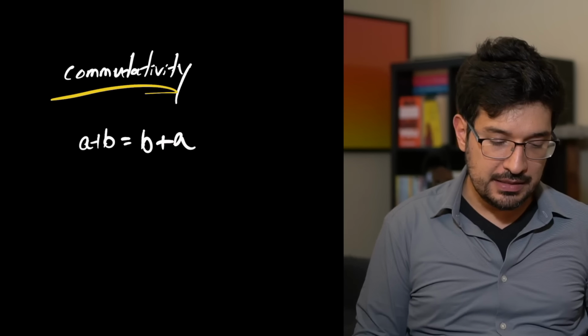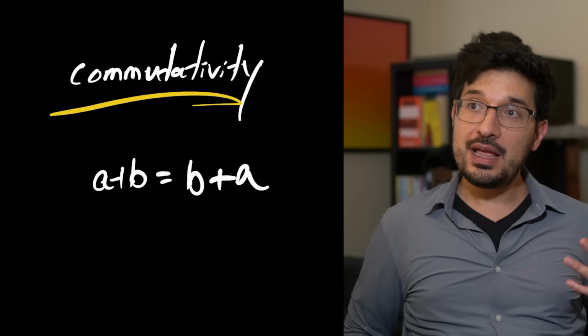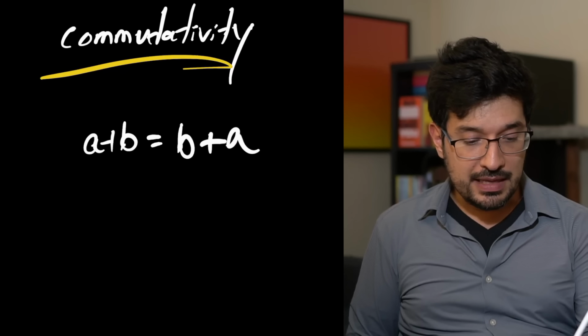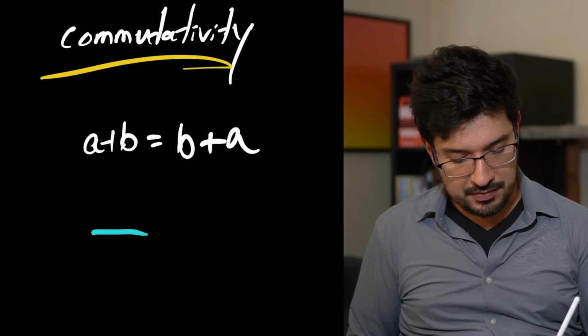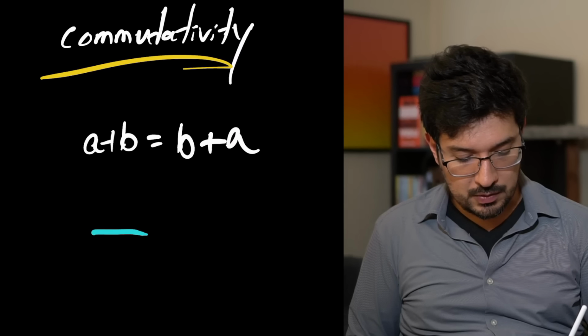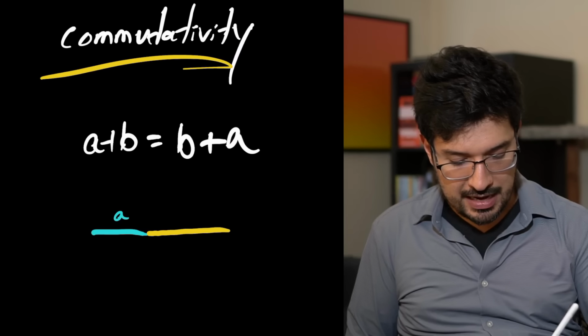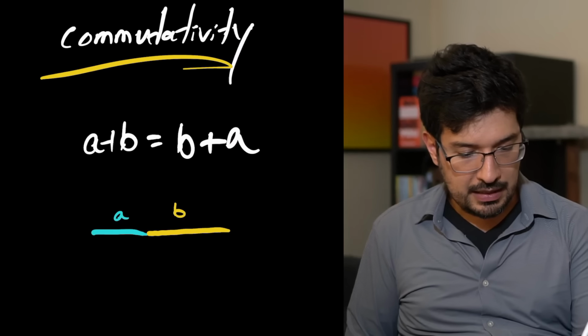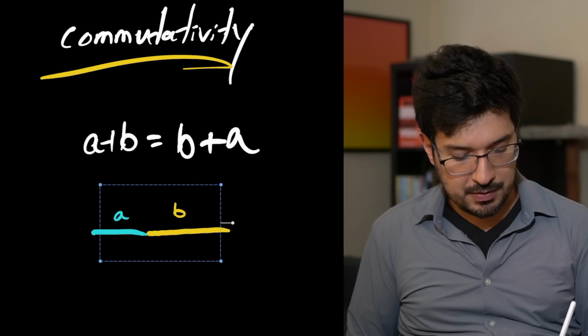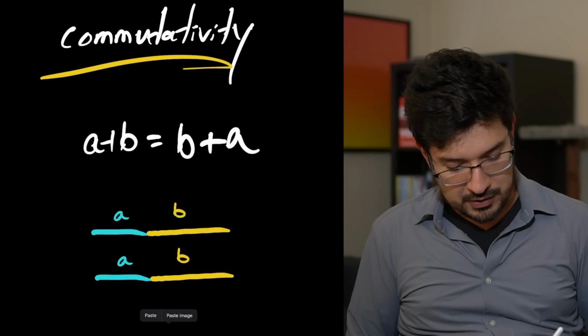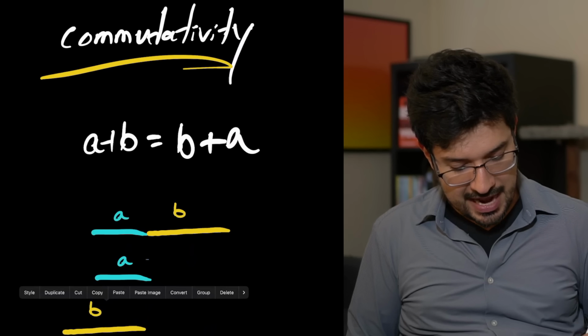For any integers, for any numbers, a plus b is the same as b plus a. We could think of this as lengths on a ruler, or if you draw lines in the sand. A plus b is the same as first adding b and then adding a.